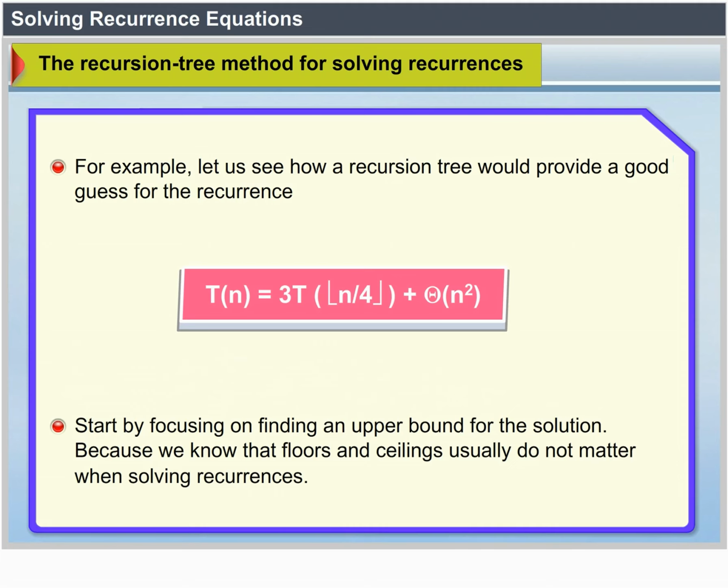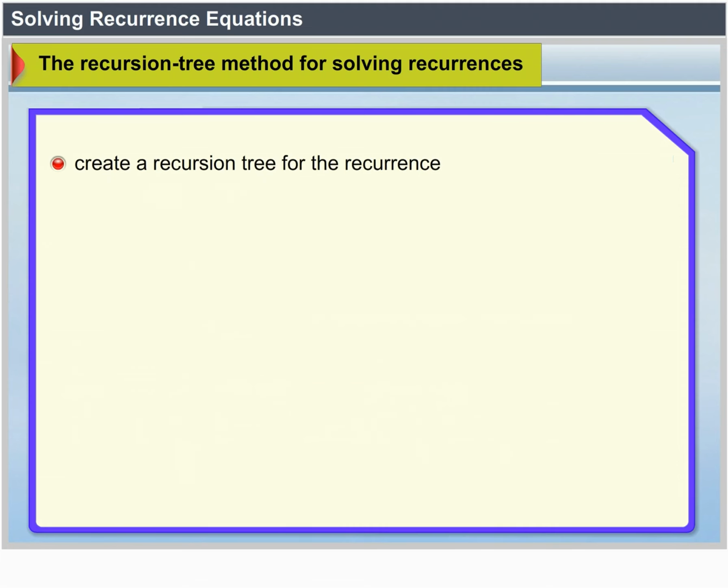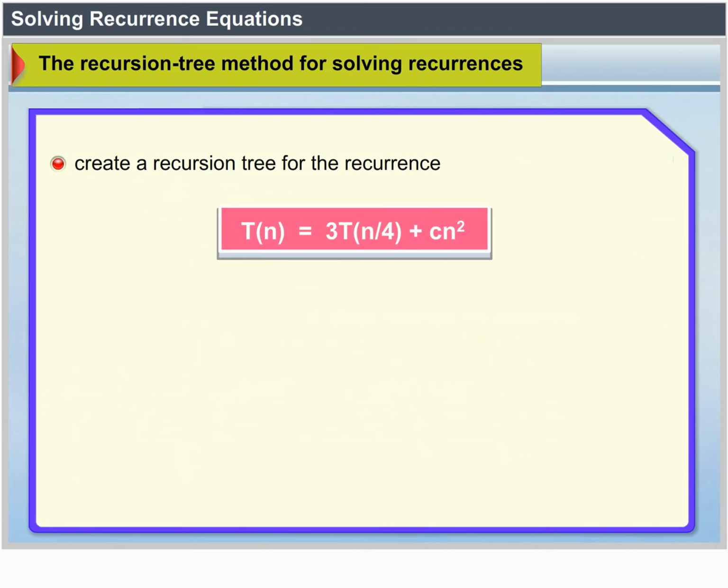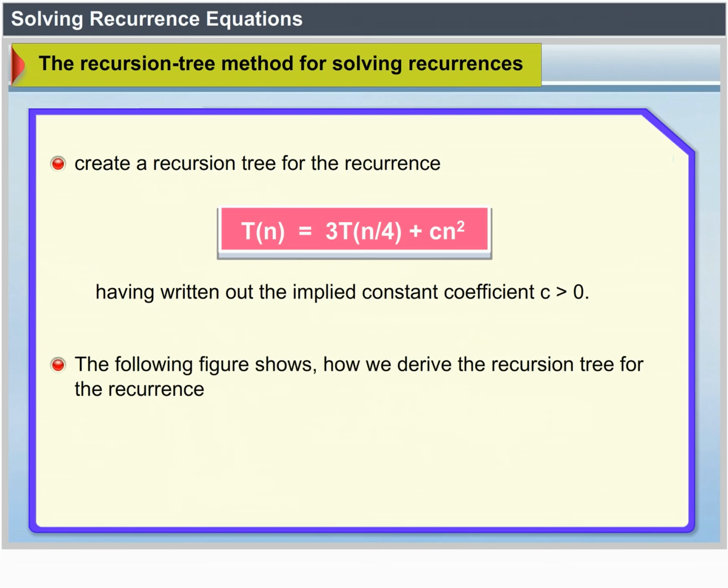Create a recursion tree for the recurrence T of n equals 3T of n by 4 plus Cn squared, having written out the implied constant coefficient C greater than 0. The following figure shows how we derive the recursion tree for this recurrence.